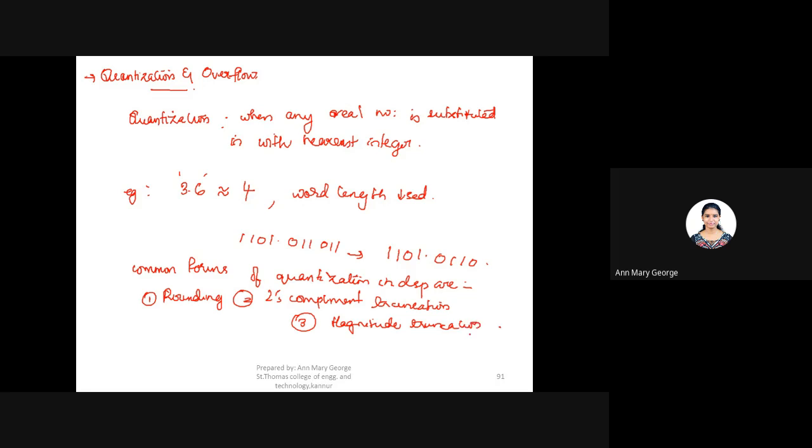Okay, these are the common forms of quantization. That is, first form is rounding off, the second form is two's complement truncation, and the third one is magnitude truncation.